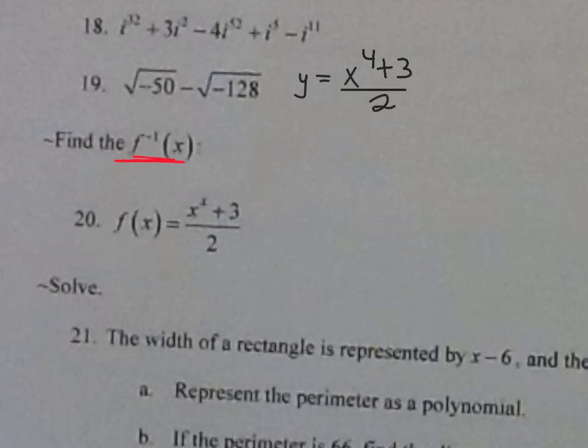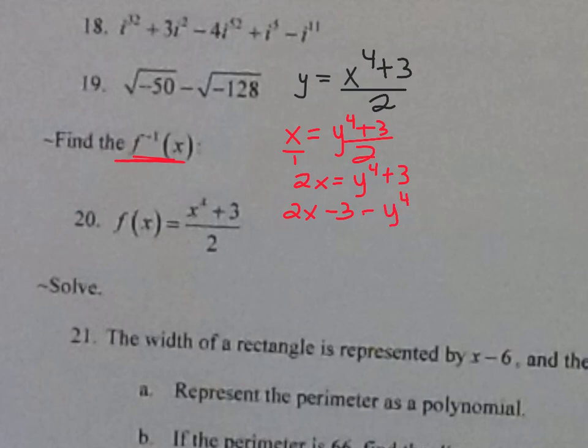Inverse means to switch x and y. So I get x equals y to the 4th plus 3 over 2. All right, so what I'm going to do to make it easy, I'm going to put the x over 1 and cross multiply. So 2 times x is 2x equals y to the 4th plus 3. I'm going to minus 3 over, so 2x minus 3 equals y to the 4th.